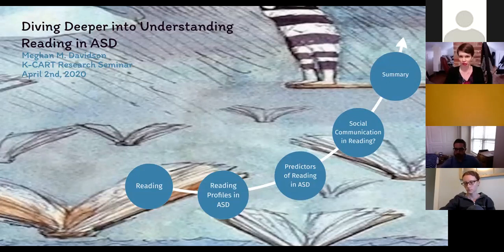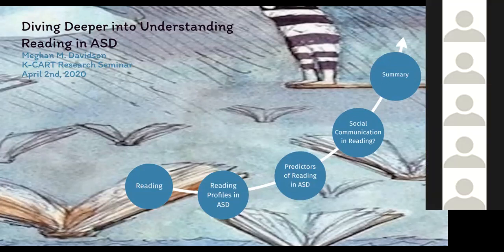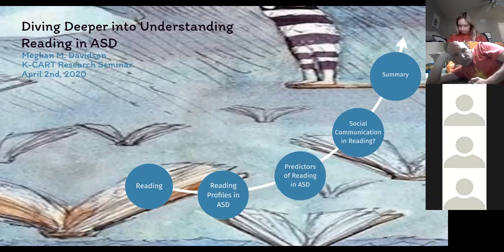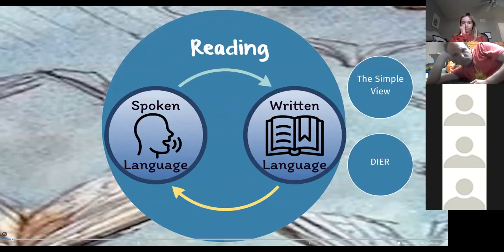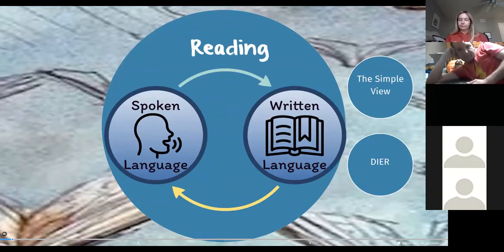So starting off with just some really quick basic information about reading and reading development. Reading, as Matt mentioned, my area is on language comprehension, and I focus on language comprehension in the spoken language modality and the written language modality.